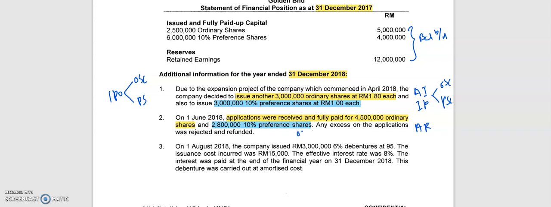As you can see, for ordinary shares, the amount received is greater than the amount issued. You have 3 million, but you receive 4.5 million. So you have an excess of how much? 1.5 million. So what are you going to do with the excess application? Reject and refund. As for the preference shares, the shares are under-subscribed. No excess. So you can just allot the shares to the successful applicants.